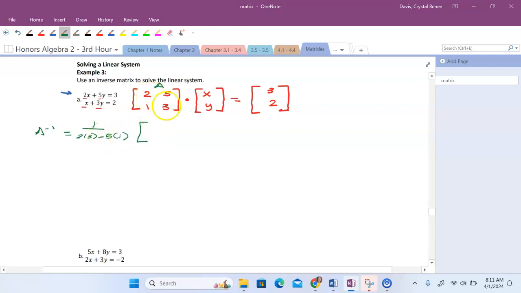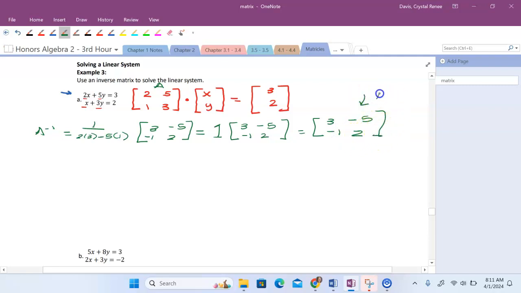And then I multiply it by that funky matrix where I flip these two spots, so 3, 2, and then I flip the signs of the other two. So I'm just going to simplify this. So 1 over 6 minus 5 is just 1 over 1, which is 1, times 3, -5, -1, +2, which is simply 3, -5, -1, and +2.